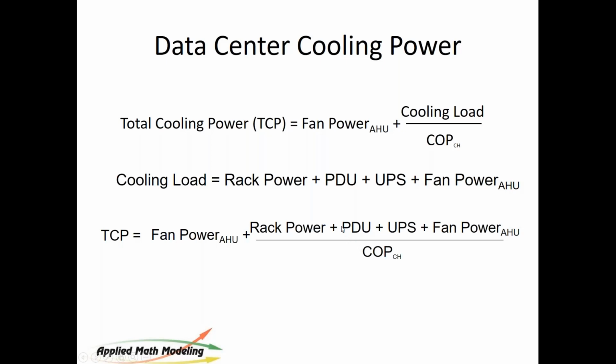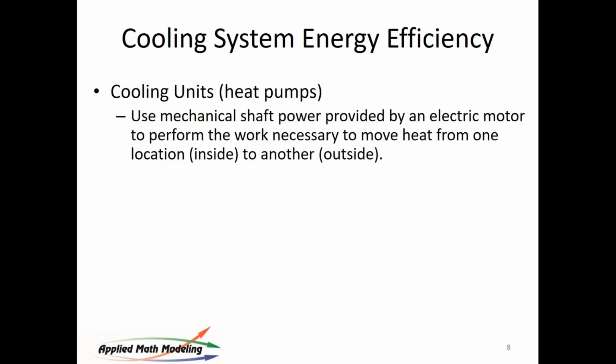So it's rack power plus PDU plus UPS plus fan power, okay, over the coefficient of performance, the energy required to pump it out. So these cooling units, whether it's a DX unit or a chiller, they use shaft power typically to pump heat out. They are heat pumps. A lot of people get confused about this.